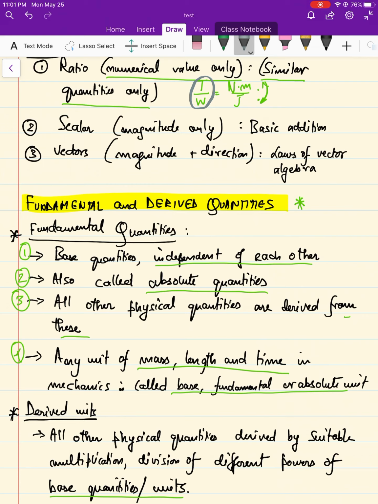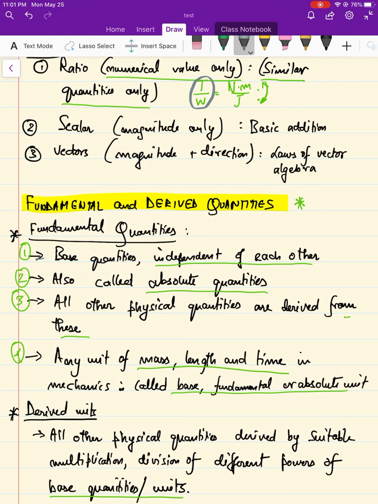Some points to consider are that the base quantities are also known as fundamental quantities, and they are independent of each other. As you might remember, in chapter 1 we talked about the orthogonal coordinate system, and in an orthogonal coordinate system the axes are independent of each other. For example, x-axis, y-axis, and z-axis are independent of each other, and they are known as the primary coordinates, right? So the primary axes.